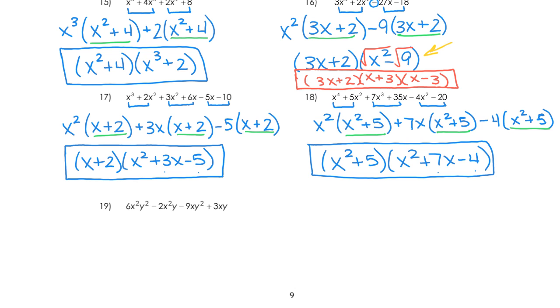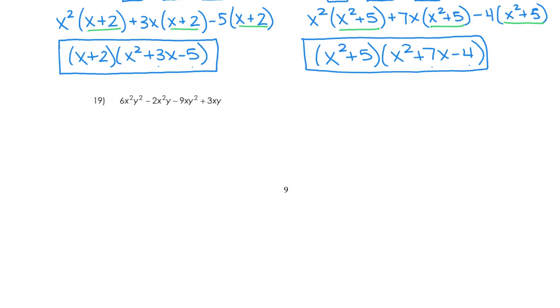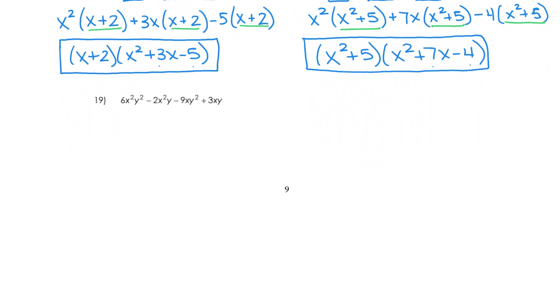One last one. Oh, we got a lot of variables. All right, first type of factoring we should check for, greatest common factor. Is there anything I can pull out of all of them? Let's look at numbers. Can't pull a 2 out of a 9. Can't pull a 3 out of a 2. I can pull out an x.